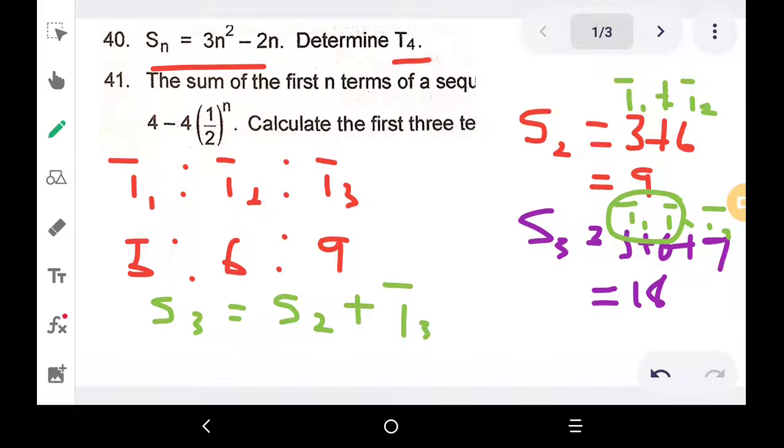Now, let's suppose that you wanted to get term number 3. If you were to solve here, we can take the S2 to the other side. It says that S3 minus S2 is T3. Now, there seems to be something happening here. Let's investigate it.